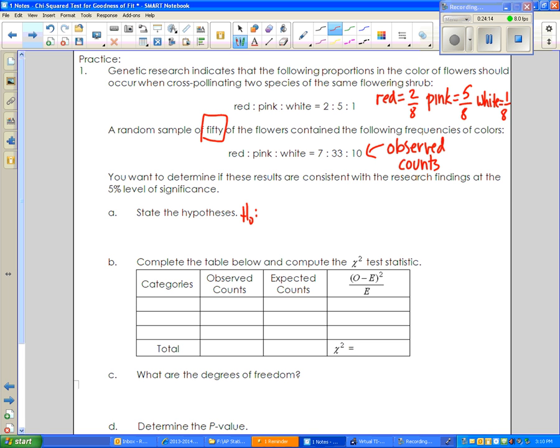So we could say the distribution of colors of flowers is the same as the ratio provided by the genetic research.